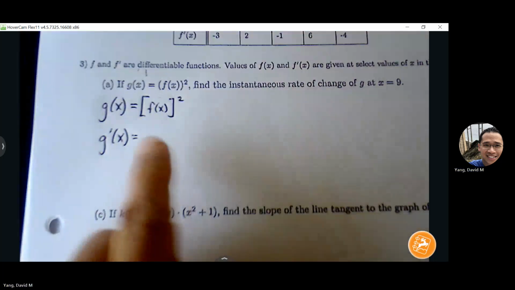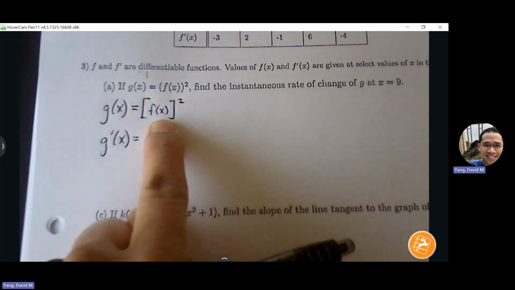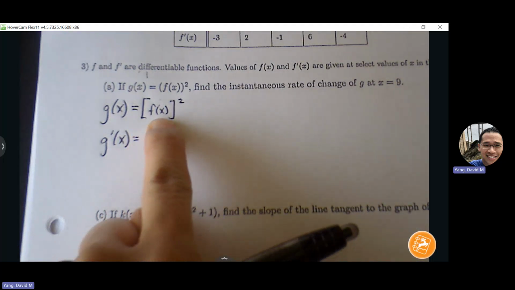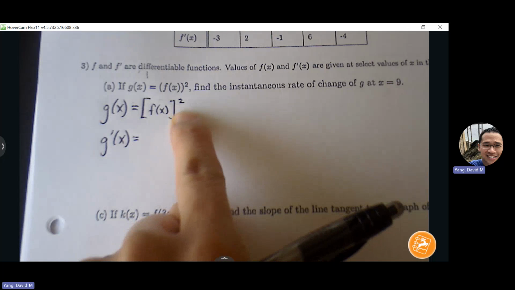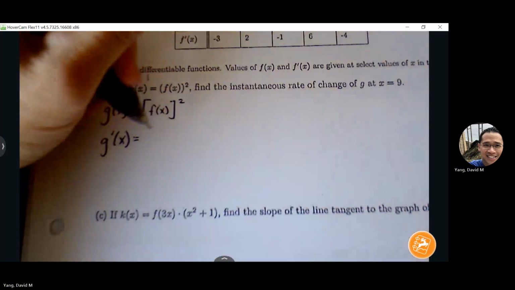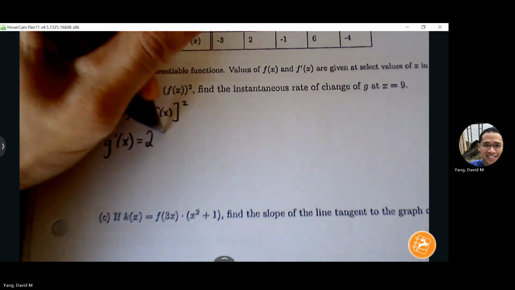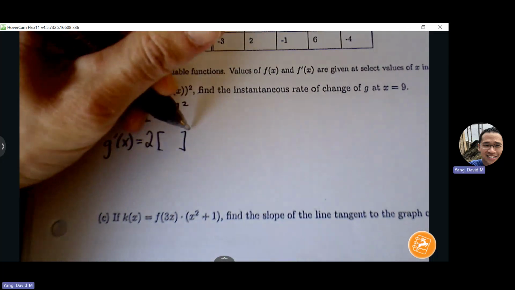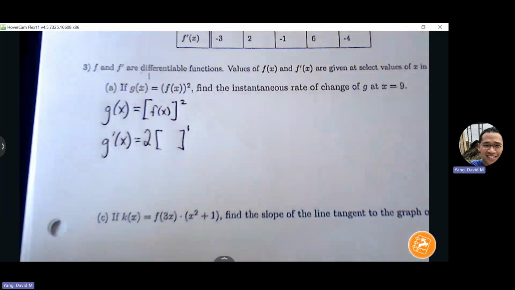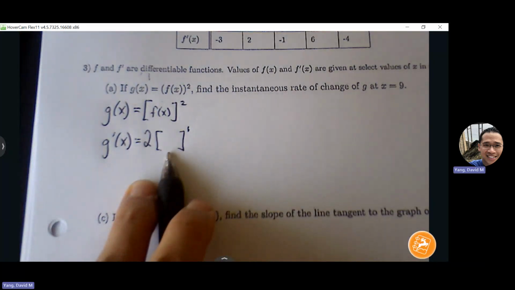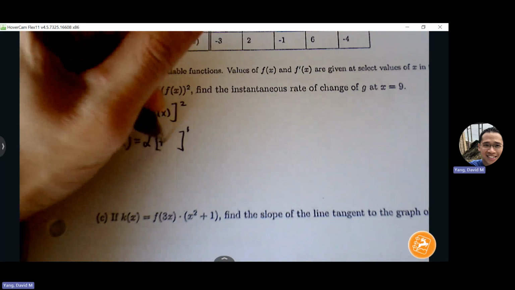All right. What's the outside function's derivative? The outside function is just that bracket squared. What's bracket squared's derivative? Two times the bracket to the first power. Yep, right. And do we just keep that? We don't make any changes to it.